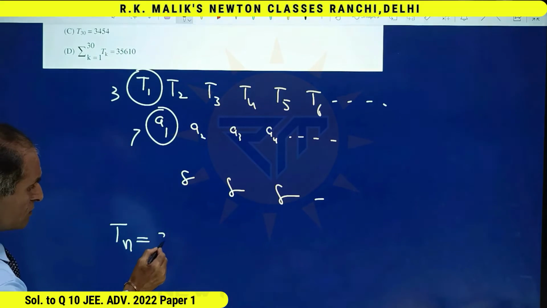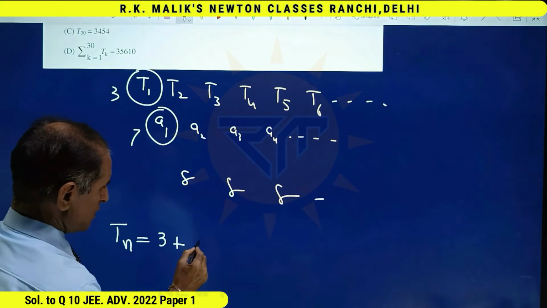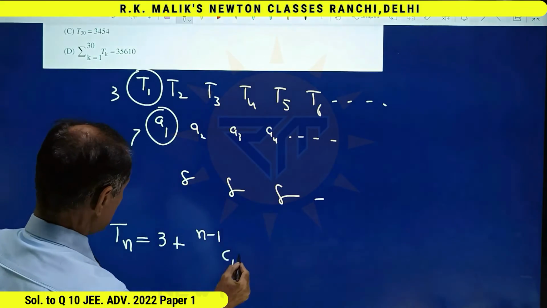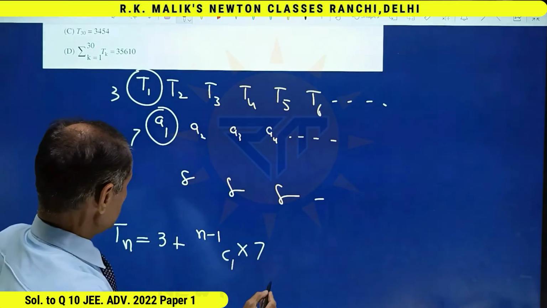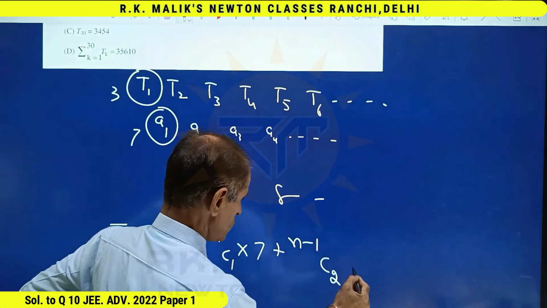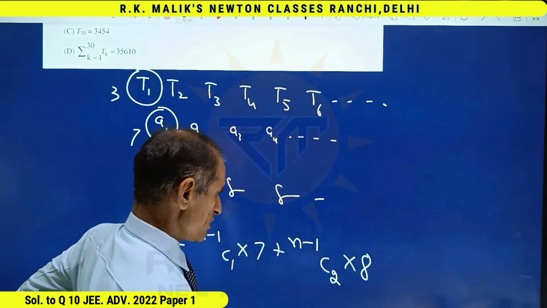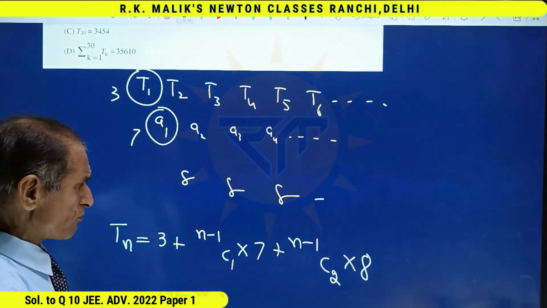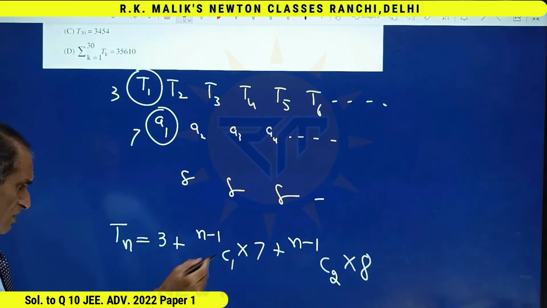Tn will be 3 plus n minus 1 C1 into 7, n minus 1 C2 into 8, and further it is not required because further I am going to get 0.